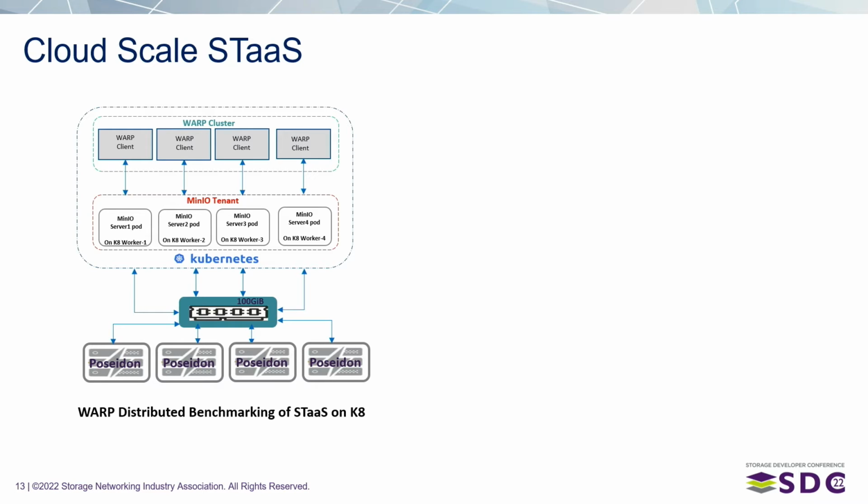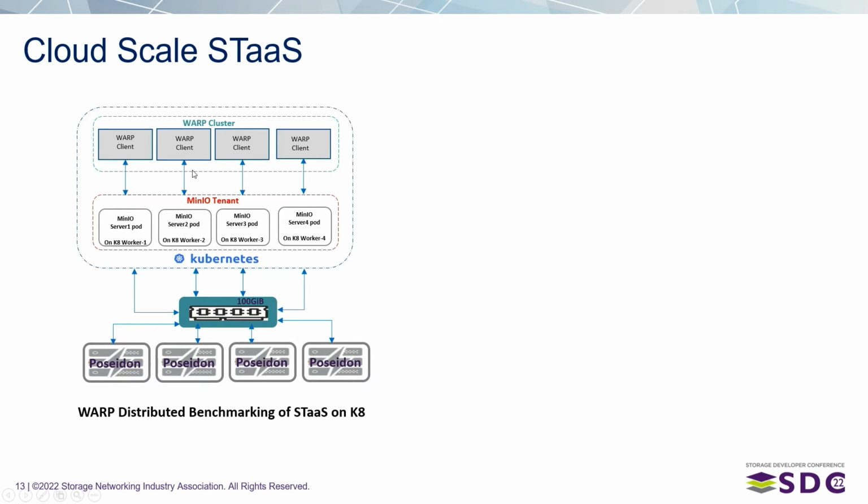Each of these 4 worker nodes has Poseidon volumes configured as the backend. There is a one-to-one mapping between each Poseidon target and the worker node. And the connectivity between the worker nodes and each Poseidon target is again 100 gig.